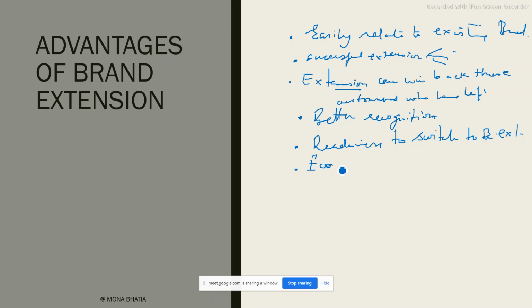I'll write it economical, because the expenses you make on labeling, packaging, branding, all of these reduce, right? Labeling, everything has already been done by an existing brand. There is no need for branding either, the work is already done. All these expenses are reduced. Then the launching of a campaign will be less costly since it will require no introduction of both the brand and the product, because people already know about it, so the full attention can be given to the new product.